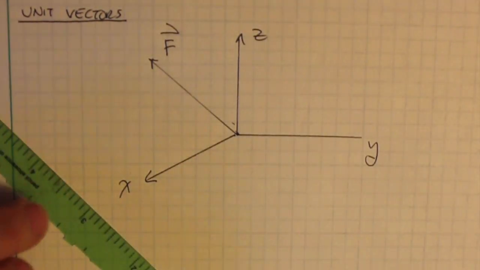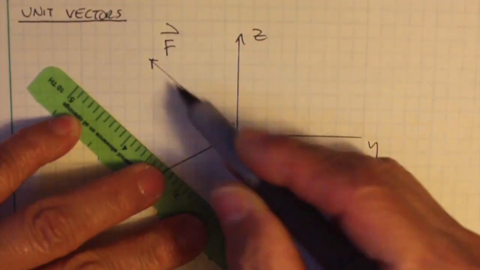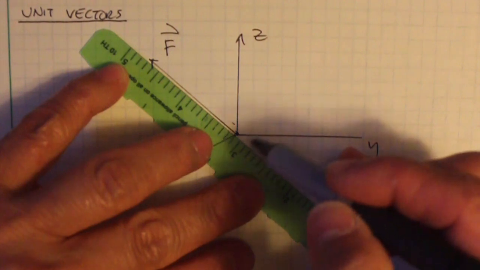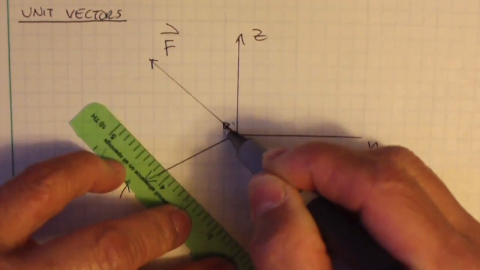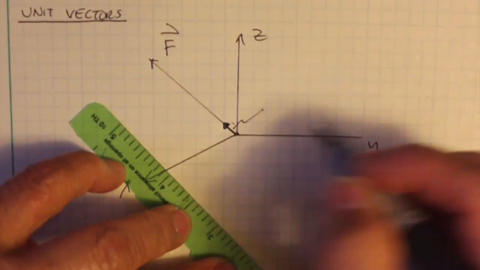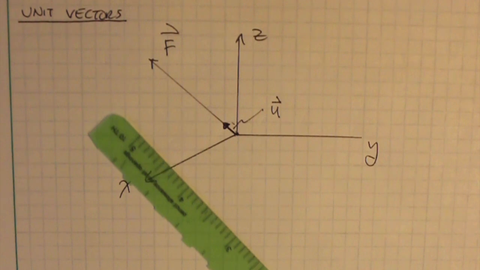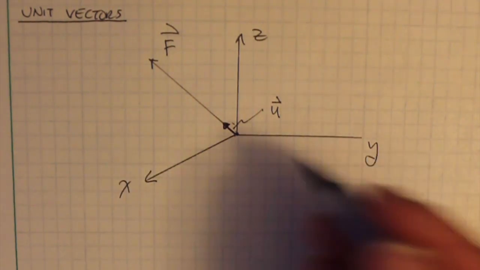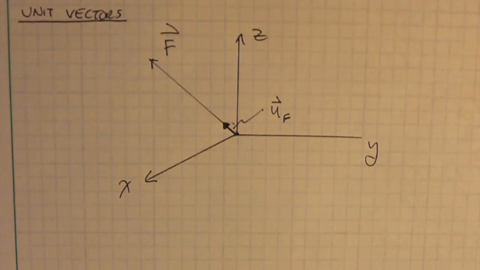And what a unit vector is: a vector along the direction of the force with a magnitude of 1. So that is the unit vector for that force. We'll call it the unit vector for force F. How do we define that unit vector?